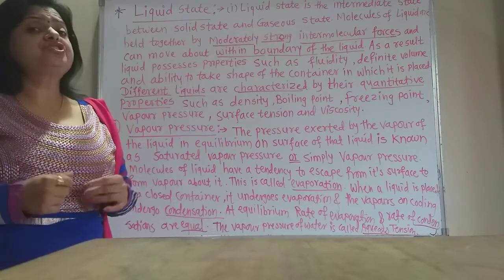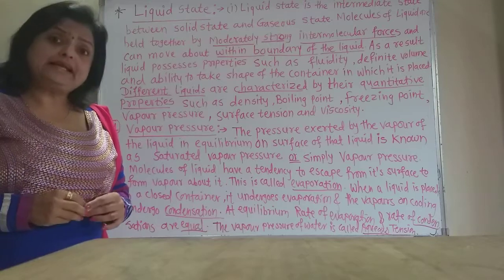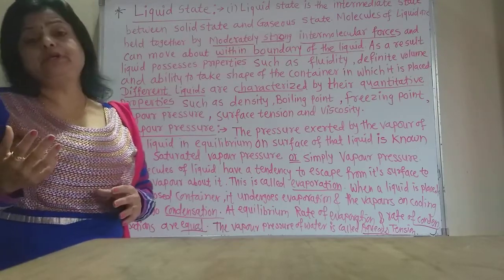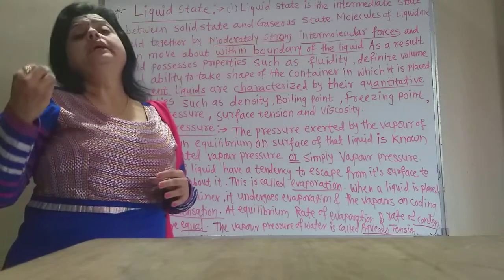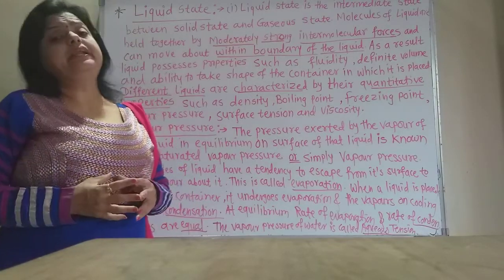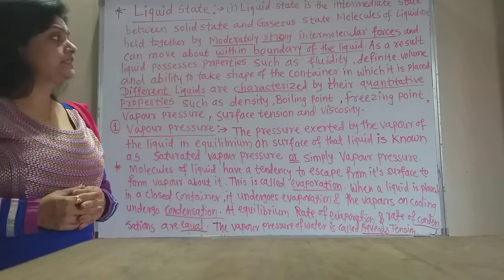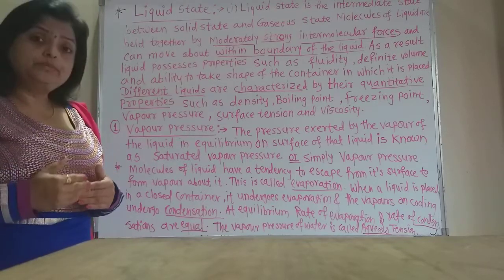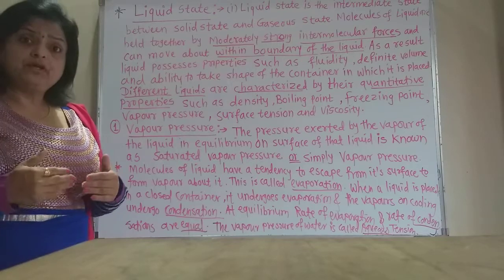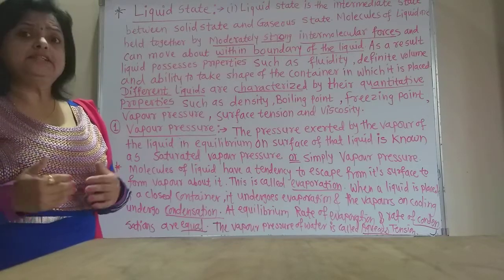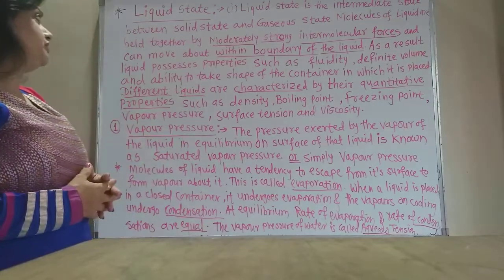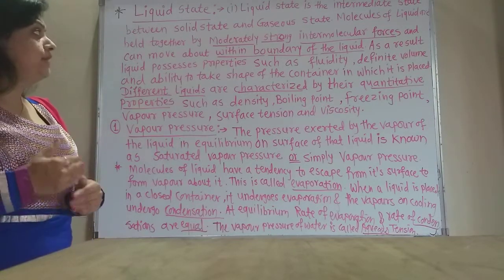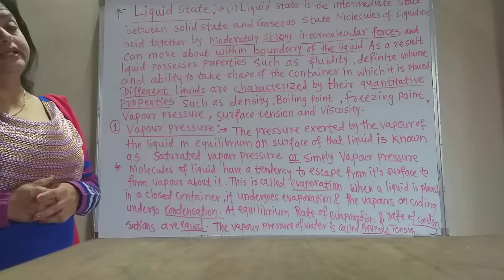But such shapes are not formed by liquids or gases, because gaseous molecules are independent, with very negligible attractive intermolecular forces between them. But the intermolecular forces of liquid molecules are moderately strong, stronger than in the gaseous state. Therefore, they can move within the boundary of the liquid.